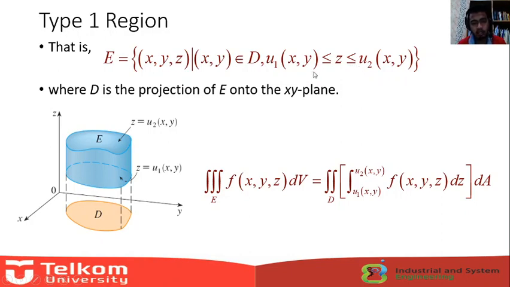And the third type is when y is a function of x and z. Okay, so for the first type of region, where z is a function of x and y, z is from the function u1 to the function u2.